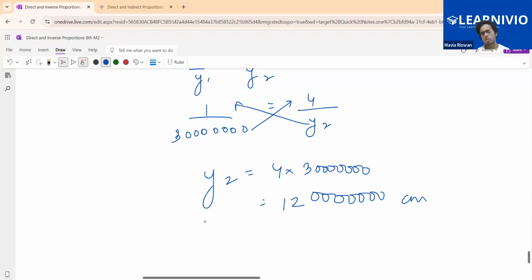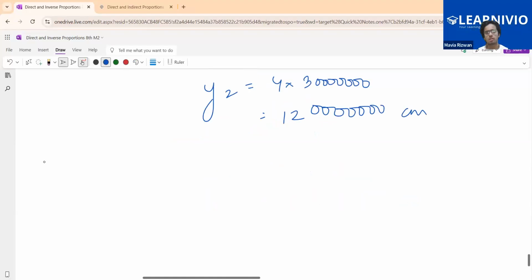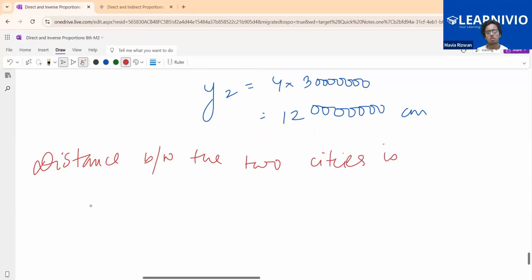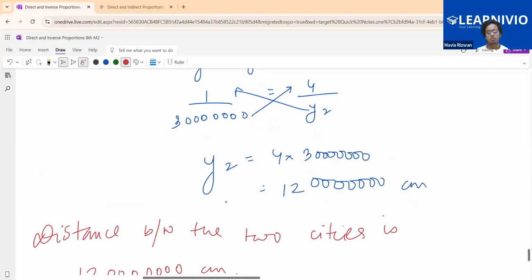Yes, sir. Distance between the two cities. I hope this is clear. Please note this down.